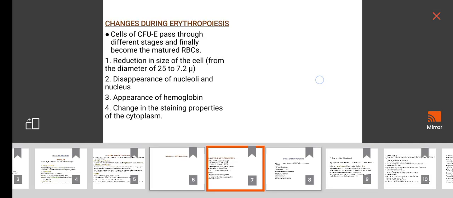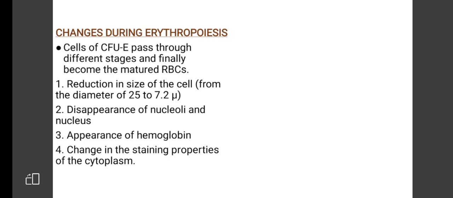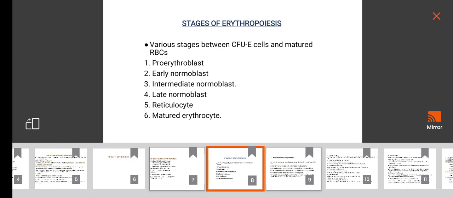The second is disappearance of nucleoli and the nucleus. The third change is appearance of hemoglobin. And the last one is change in the staining properties of the cytoplasm.